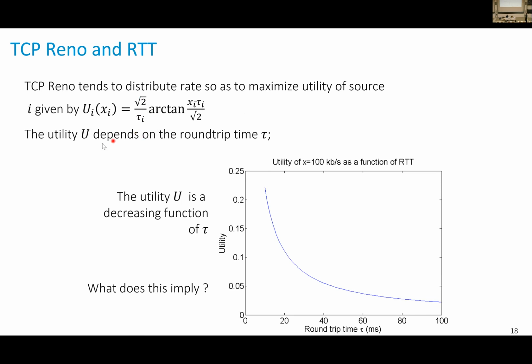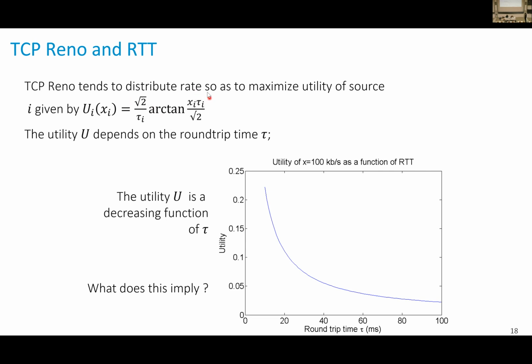The distribution of rates, when you have a number of TCP Reno connections, is as if there were a central allocation system that would allocate to every flow a rate such that the total utility, the sum of those functions of the rate x, is maximized. We did such exercises for proportional fairness, so it's the same here with arctangent instead of logarithm.